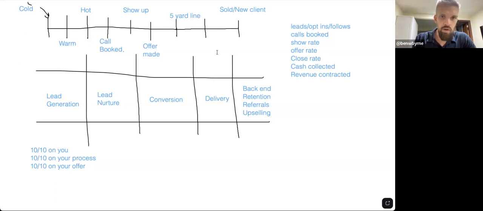Sometimes they go into nurture, or you can just call this long-term follow-up. I would call anything 30 days and beyond nurture or long-term follow-up. You just want to keep providing them value. The 5-yard line is the people that are ready to buy.